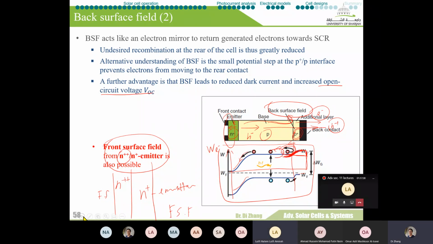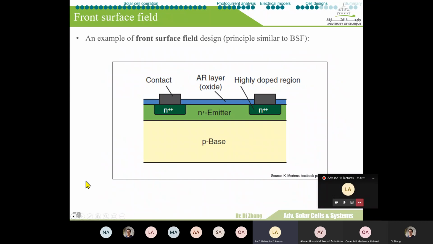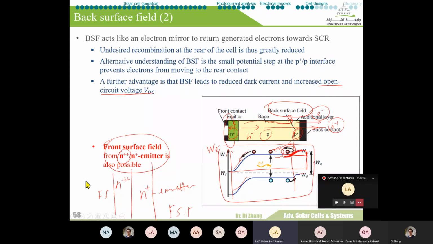Doctor, is there a possibility for impurities from the contacts to propagate through the material and become traps? Traps for recombination. Yeah, definitely. The diffusion of metal or impurities in the metal can cross over into silicon, and then they become a problem for silicon solar cells.